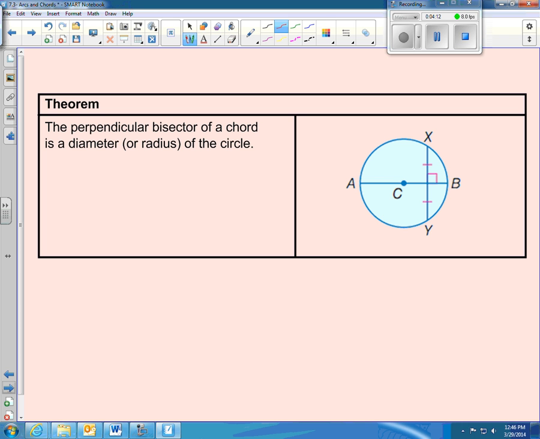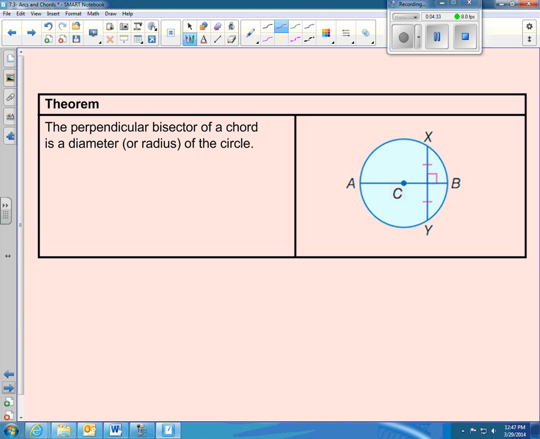Okay, so let's talk about this. The perpendicular bisector of a chord is a diameter of the circle. So if you have something that is perpendicular to that chord and bisects it, it's going to be a diameter. Let's put that into some better words.